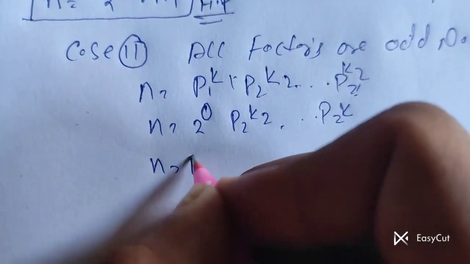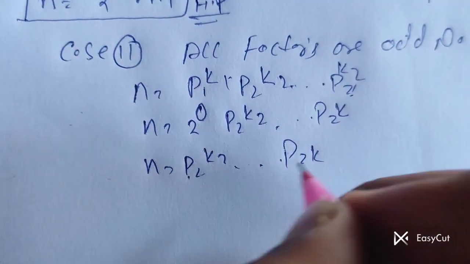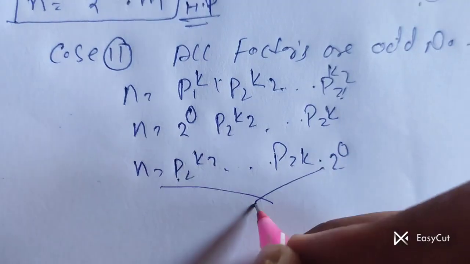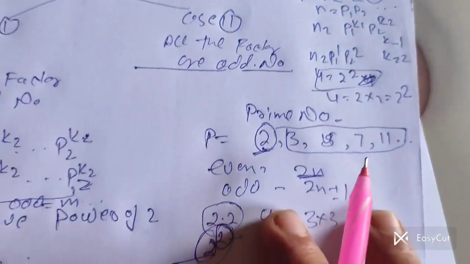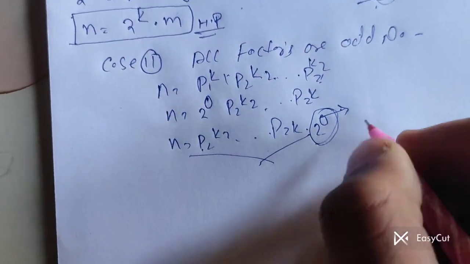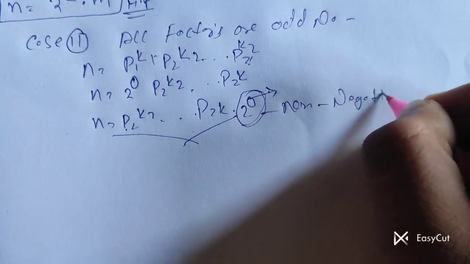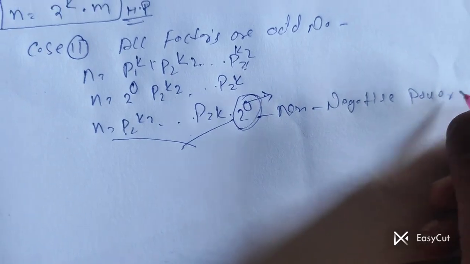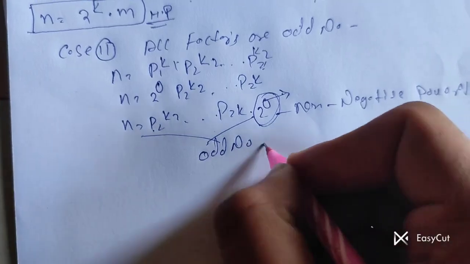So now n becomes p2^k2 up to pz^kz times 2 to the power 0. In all, 0 is non-negative. When we talk about non-negative, I also explained why we add it. So in that case our n is again 2 to the power some non-negative power of 2, times an odd number, say m.